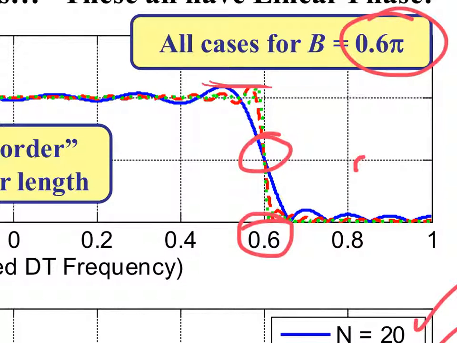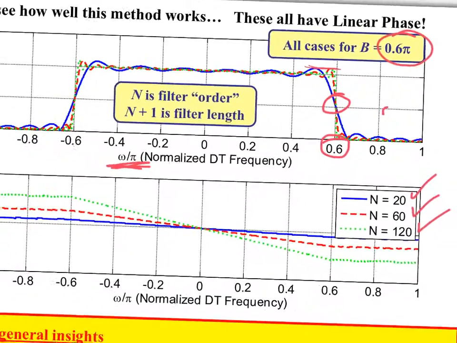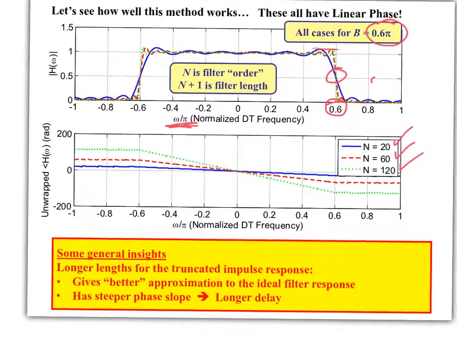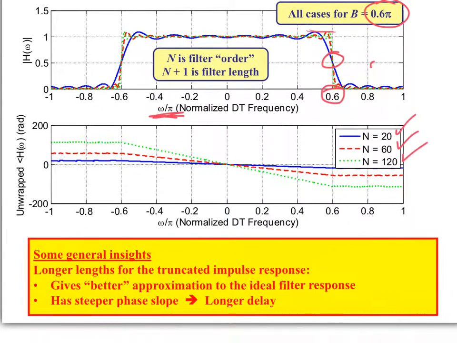And that's a characteristic of this design approach, not every design approach. So, in fact, that's one of the downsides of this kind of truncated approach, is that we're kind of stuck with whatever that level is, and we'll need to go to more clever versions of the design to try to get that to be improved.